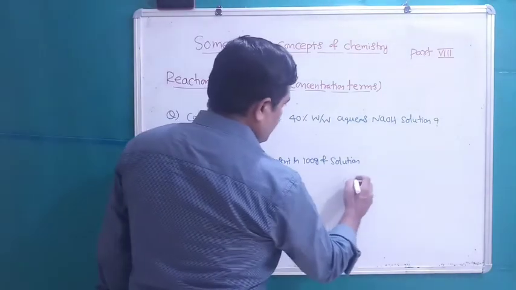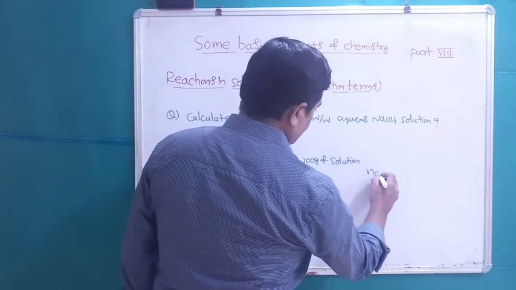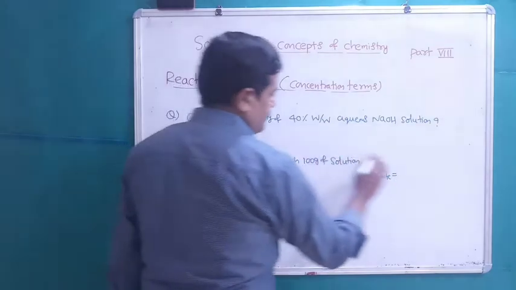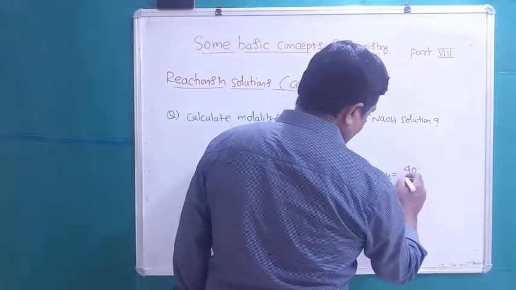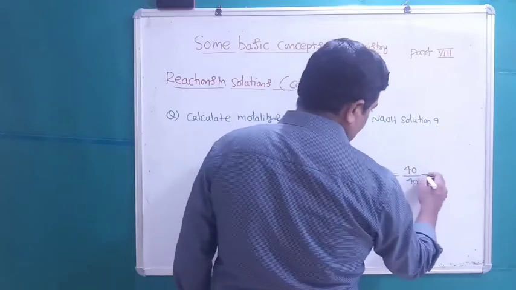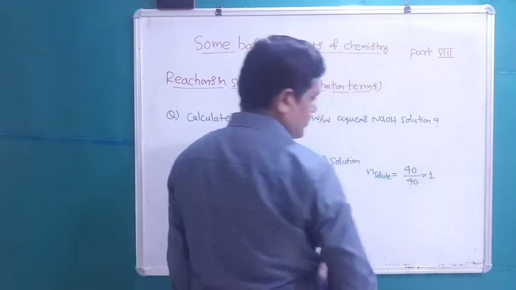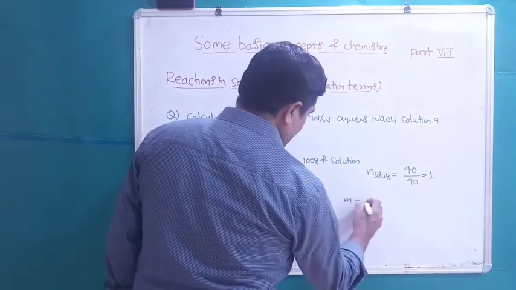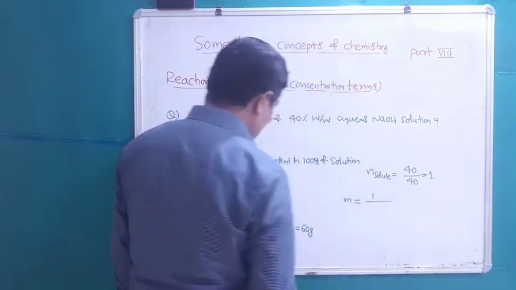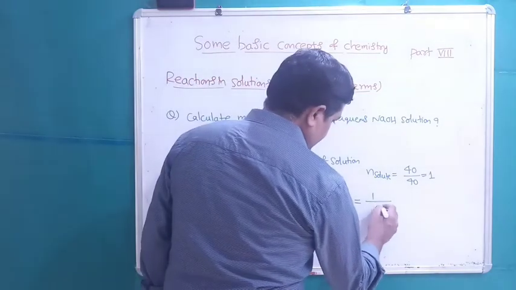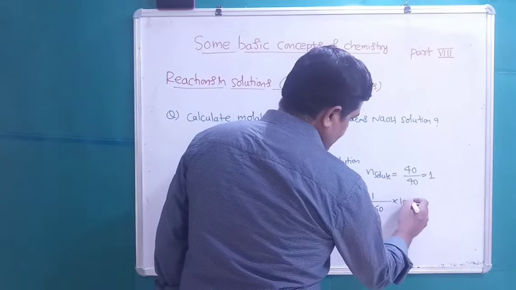Then the number of moles of solute is given weight, that is 40 grams, divided by the molecular weight of NaOH, also 40. So the number of moles of solute is 1. So in the molality formula, m is equal to number of moles of the solute divided by weight of the solvent, 60, into 1000, right?